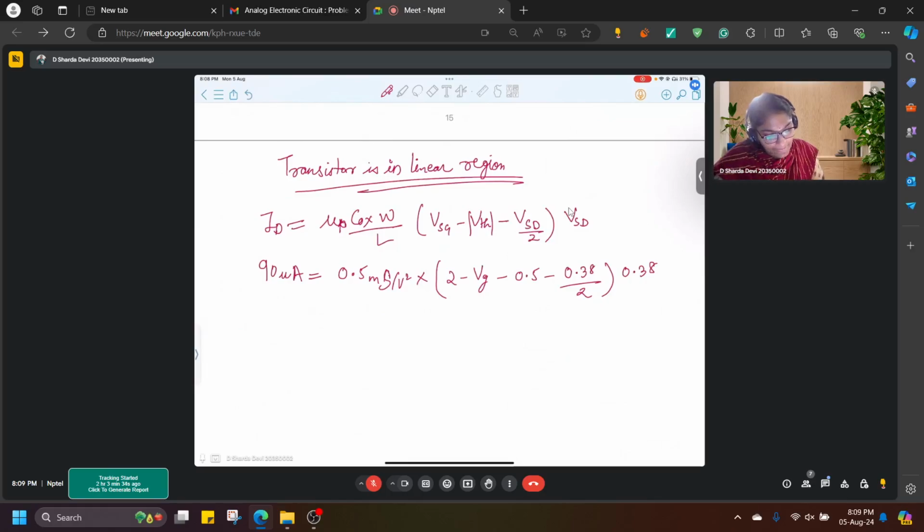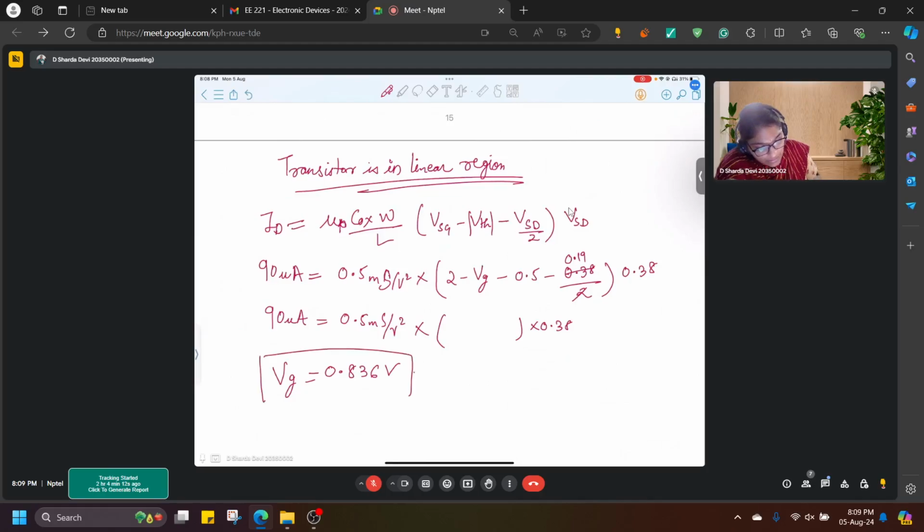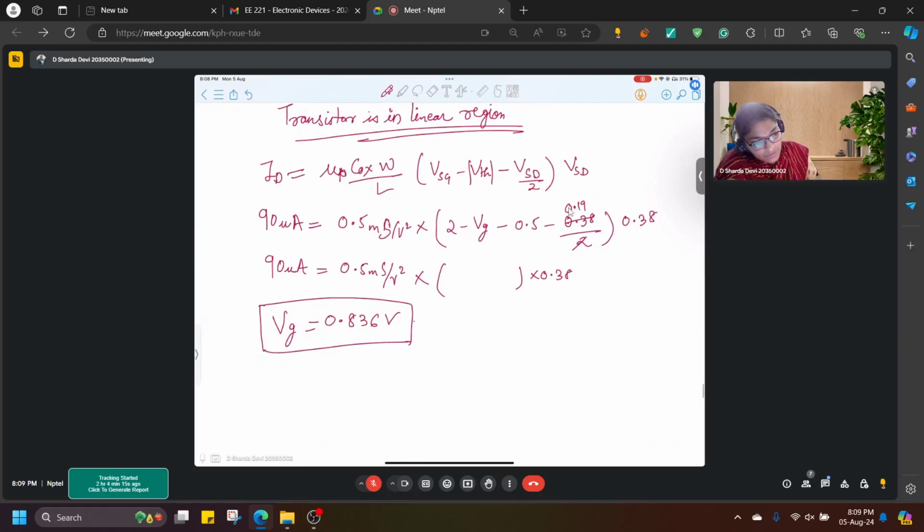So it is 90 microampere minus 0.5, 4 into 1.3 minus and 1 minus. After solving this completely, VG turns out to be 0.836 volts. VG turns out to be 0.836 volts.